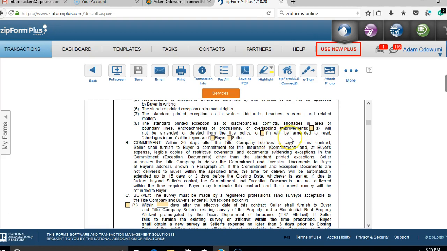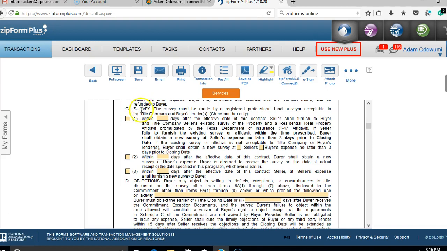Typically on regular deals, if you're the buyer on our side, you're always going to check that it will be amended to read. So you'll check this one, not the first one, because it says will not. This one says will be, so you'll check this one for the buyer, and then you'll check for the seller to pay for it. Okay, if we're the seller, then you're going to check for the buyer to pay for it. Okay, it's non-negotiable. If it's a foreclosure, you're just going to leave it blank.